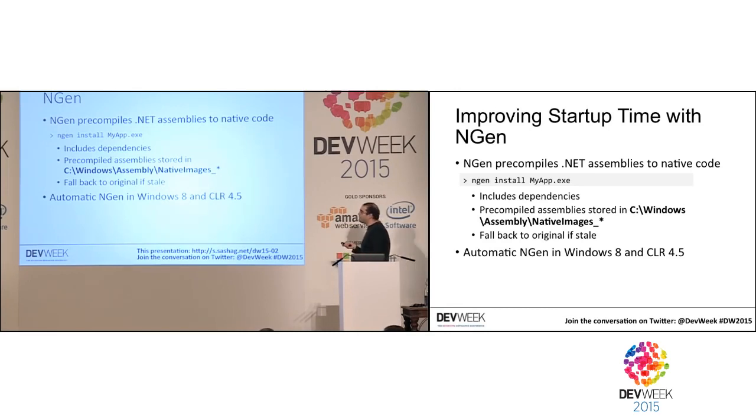On Windows 8 and CLR 4.5, which were announced a couple of years ago, Microsoft has made this process even better by doing NGen automatically. So there is a maintenance task that runs in the background and tries to detect which assemblies are taking long to compile. And then these assemblies are being NGened, they are precompiled in advance, and other assemblies which aren't so useful are not.